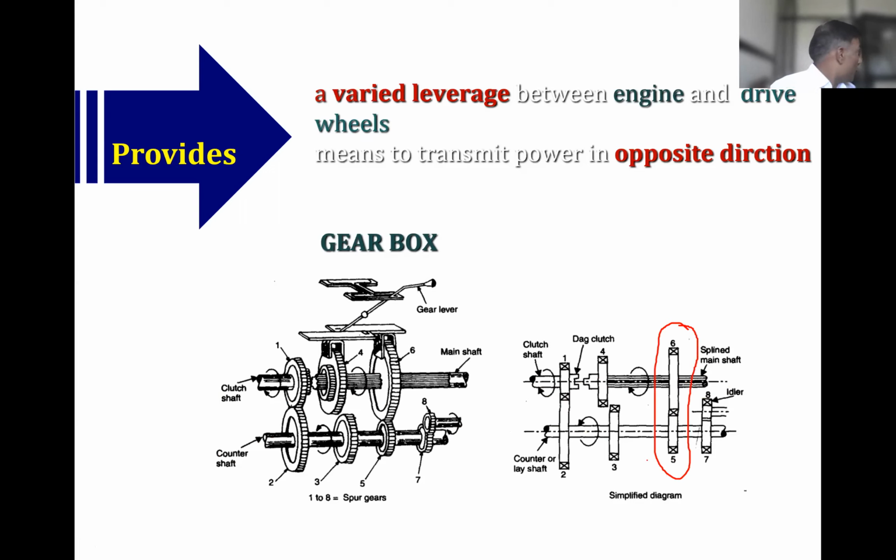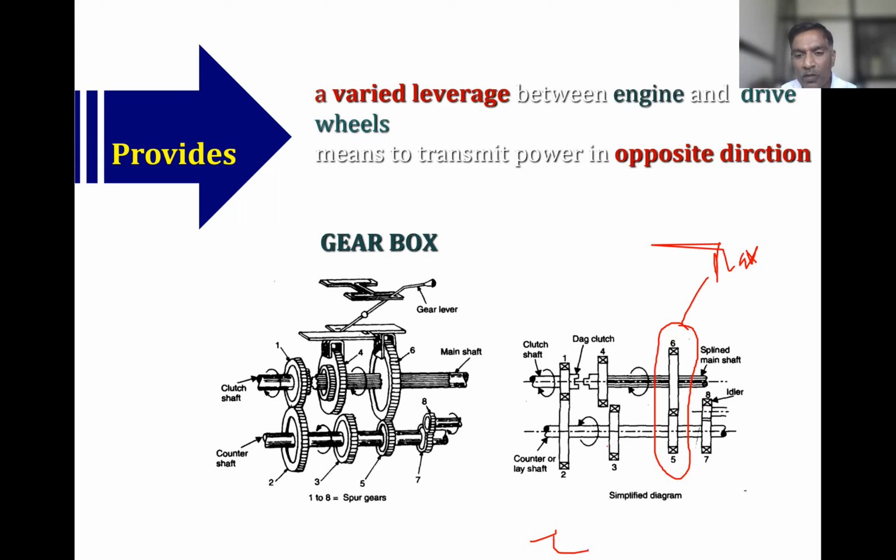The small gear on this lay shaft is in mesh with the big gear on the main shaft. What does it indicate? This is the gear combination having maximum torque with respect to this gearbox.